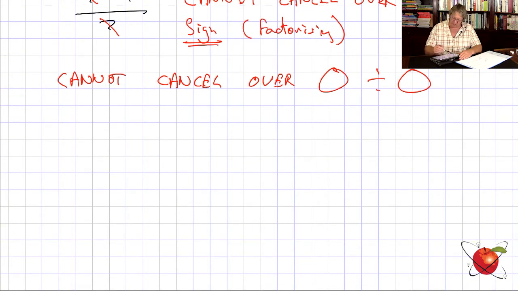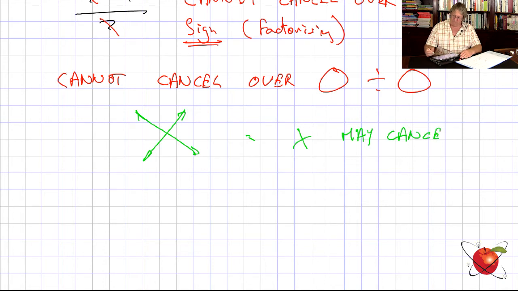And in fact, a multiplication sign is where we may cancel. If you've got 10 over 5, that is 2. But I mean one expression A divided by another expression B, you can't cancel there. Only when we've got a multiplication can we cross-cancel.